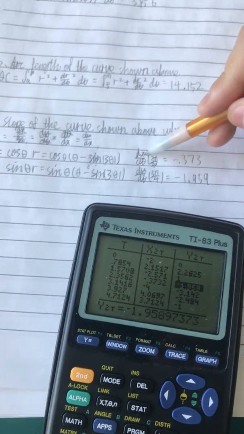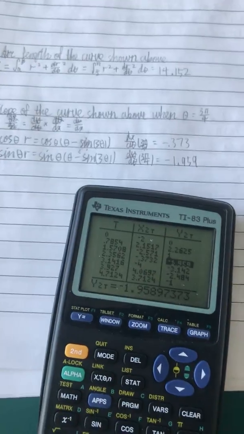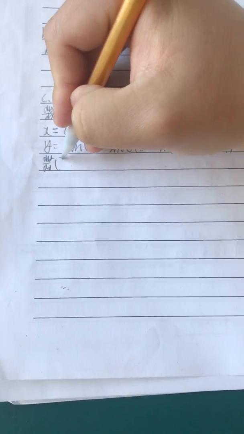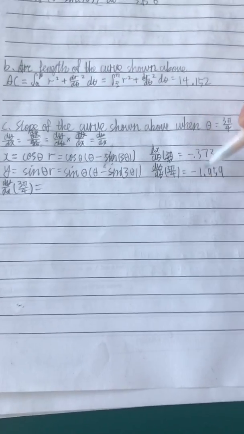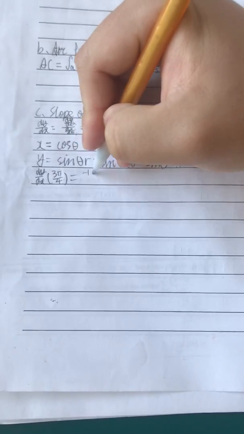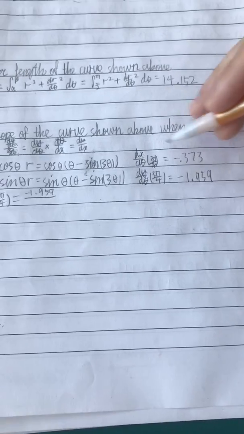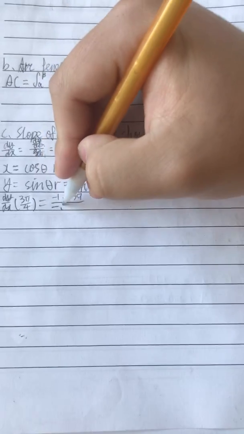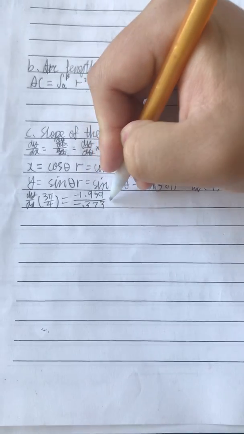Since we have dx d theta and dy d theta at 3 pi over 4, we can go back here. dy dx at theta equals 3 pi over 4 is equal to dy d theta, which is negative 1.959, divided by dx d theta, which is negative 0.373. And we will let the calculator do the work.